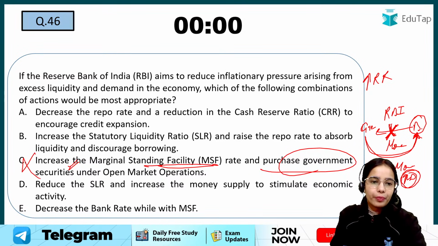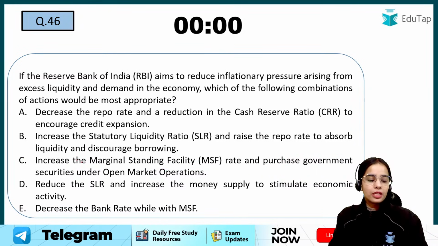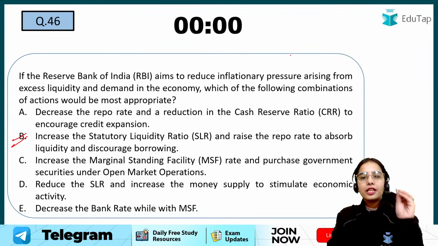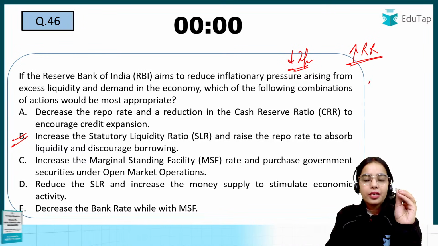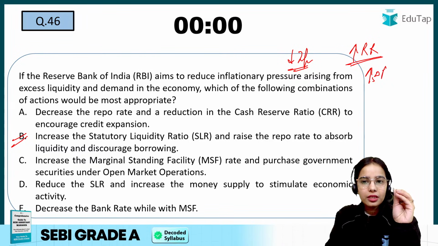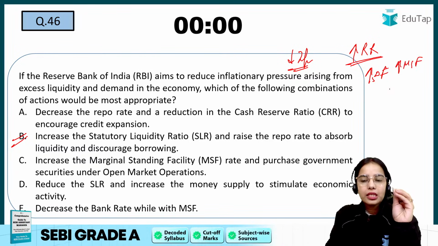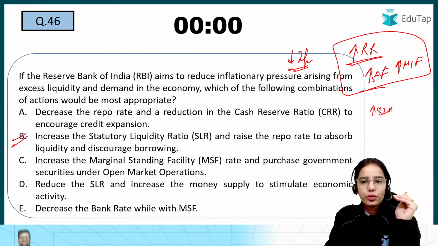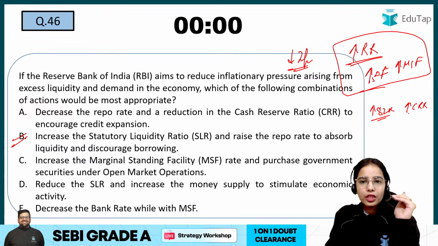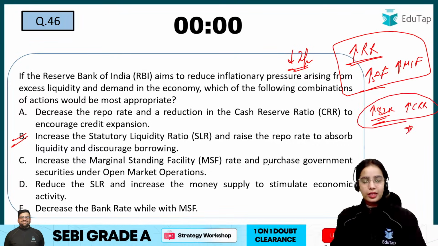So this is not true. Whenever inflation has to be reduced, the RBI will increase the repo rate. With the increase in repo rate, the SDF rate and the MSF rate will increase. So this is the idea.